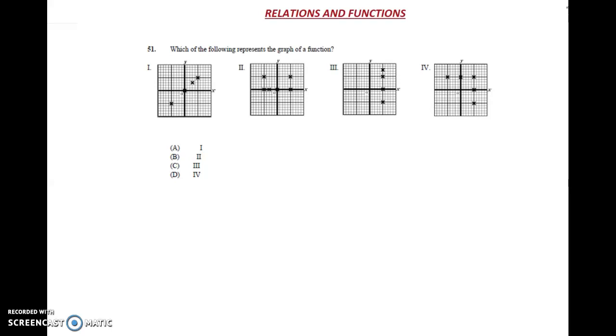So for example, for this one here, it says which of the following represents the graph of a function. Now remember, in our previous videos, you would have said that a function could either be 1 to 1 or it can be many to 1. In this case, they gave us graphs.